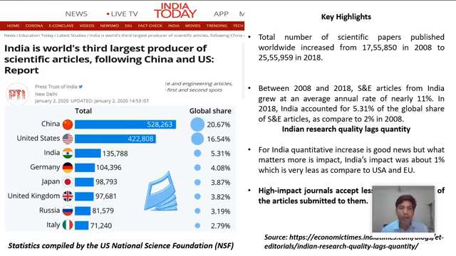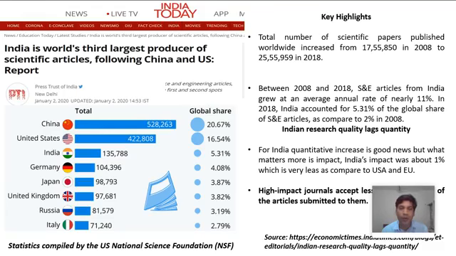In 2018, India accounted for 5.31% of the global share of science and engineering articles as compared to 2% in 2008. So the key highlight of this study is that Indian research lacks quality, not quantity.